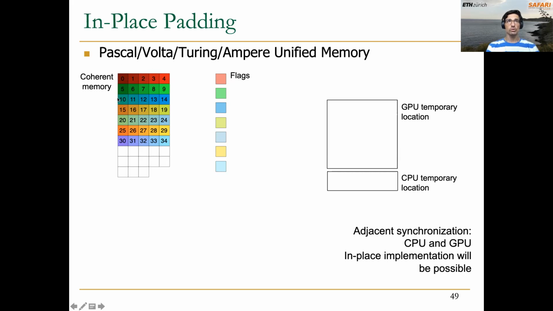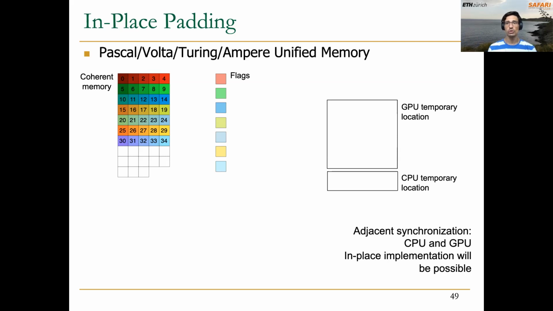So let's assume that we have our original matrix in the coherent memory space. We also have an array of flags that is going to be updated by either the CPU threads or the GPU threads using system-wide atomic operations, and then both CPU and GPU have some temporary location. In the case of the CPU, it will be the different cache levels of the CPU.